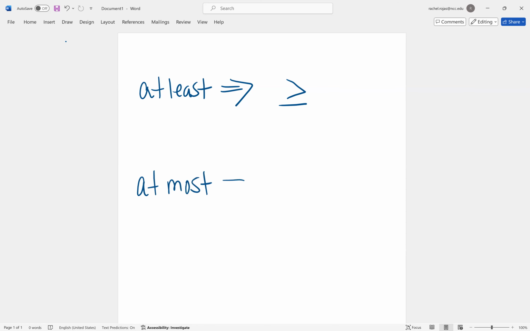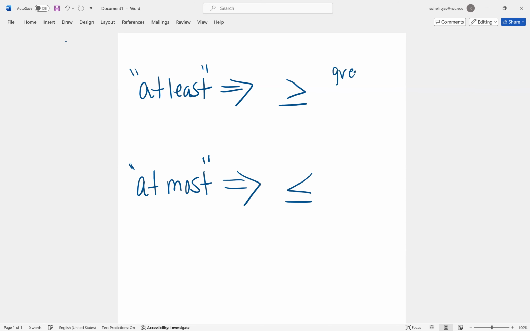And sometimes we're going to see the words at most. If I said I have at most $10 in my pocket, that means the most I could have is 10, but I could have anything less. So I could have less than or equal to 10. Anytime we see the words at most, that implies less than or equal to.